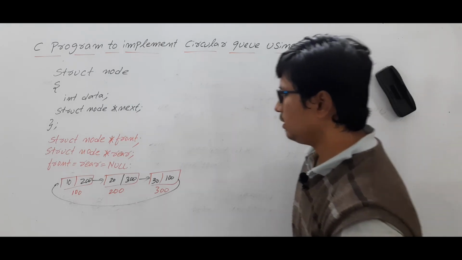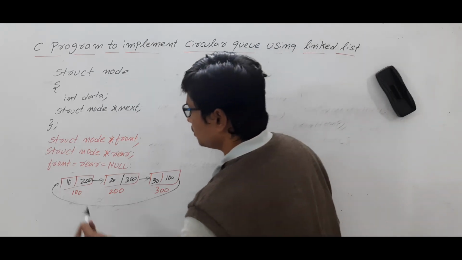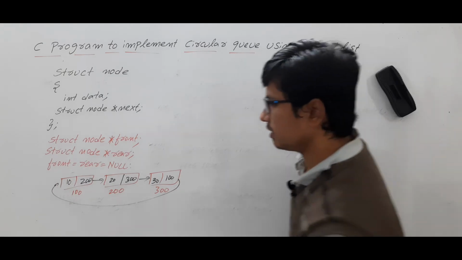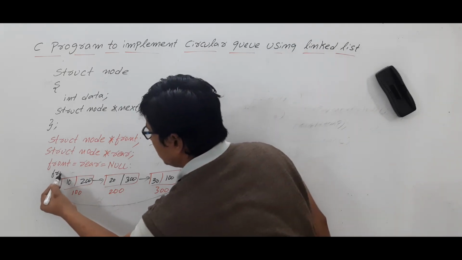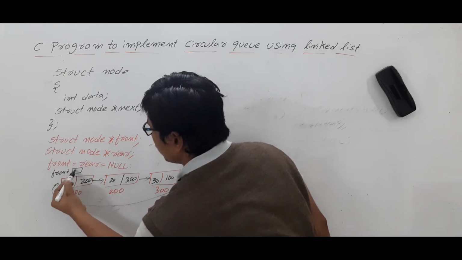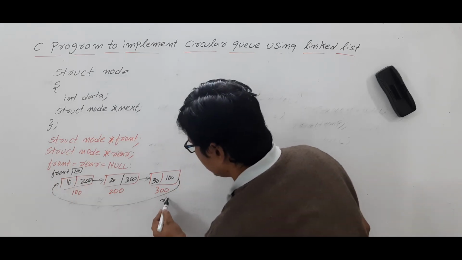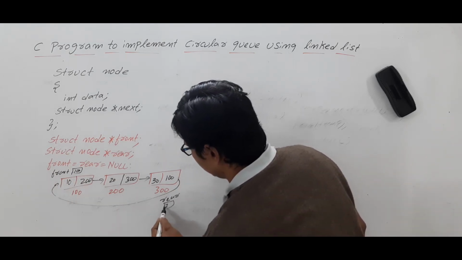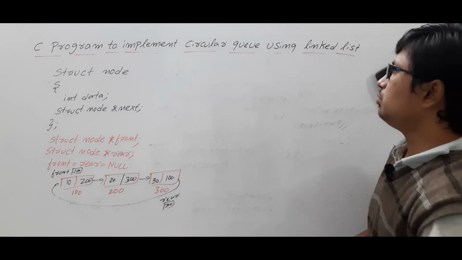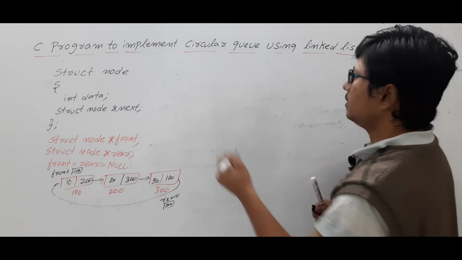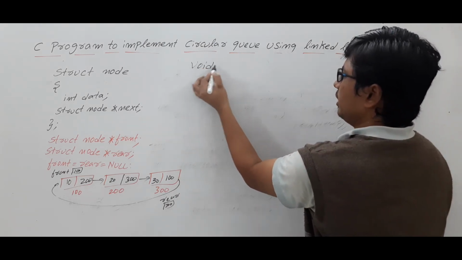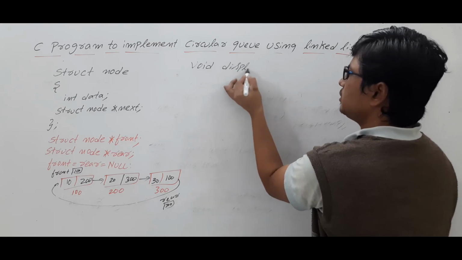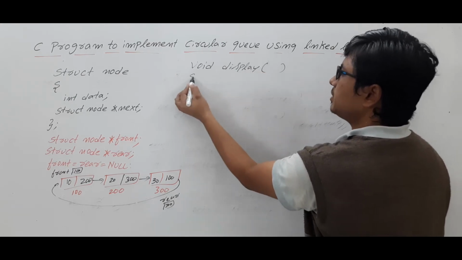And then you have two pointers, front and rear. Front will have the address 100, so that it is pointing to the first node, and rear will have the address 300. Okay, is it clear? Now look here. Void display. First you need to check whether the queue is empty or not.